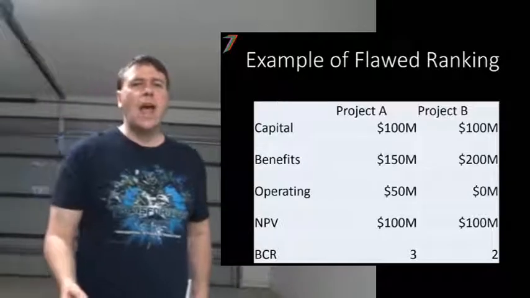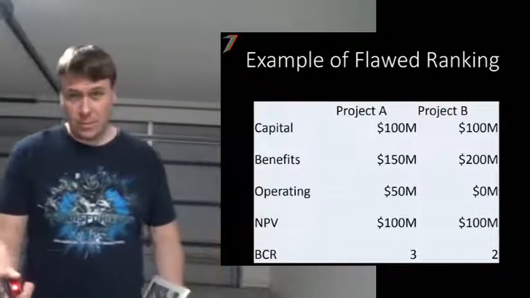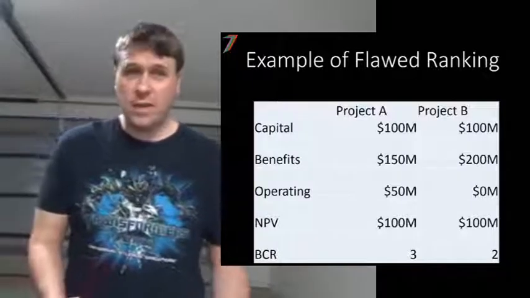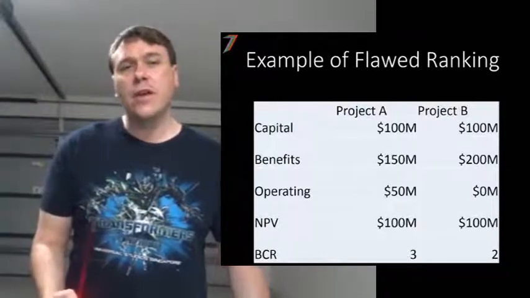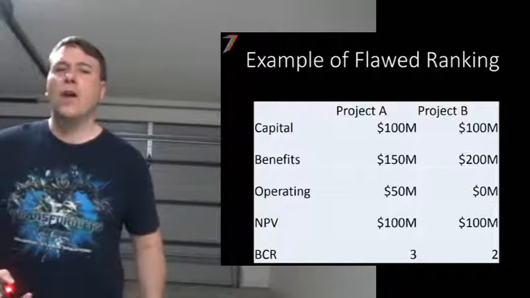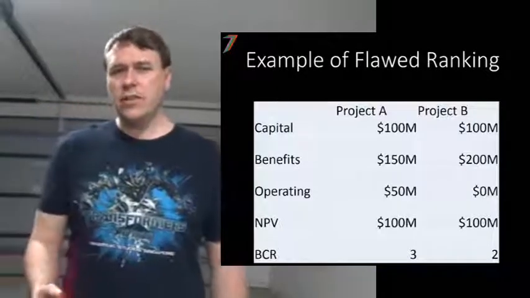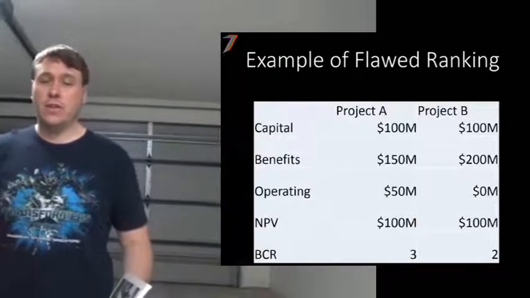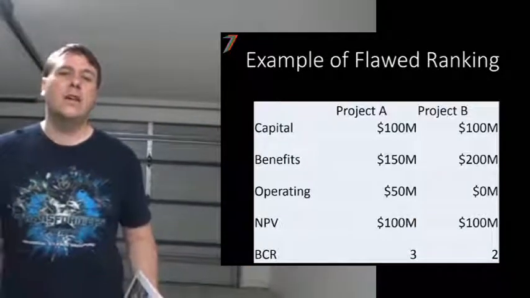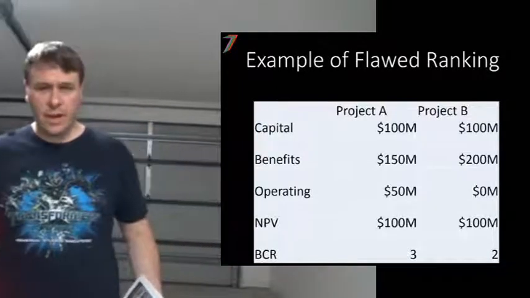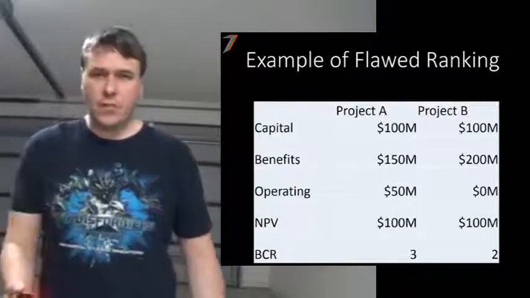Alright, and this is where I have a bit of a problem in terms of using the benefit cost ratio, and I think in a sense it could be flawed. It depends on the usage anyway. It depends on where your benefits are coming from. This is what we mentioned about operating costs. So let's take these two projects. Both of them have a capital expenditure of 100 million, and one has benefits of 150 million, the other has benefits of 200 million.